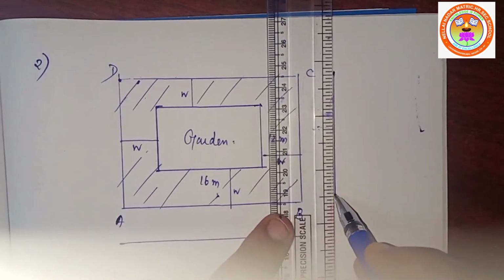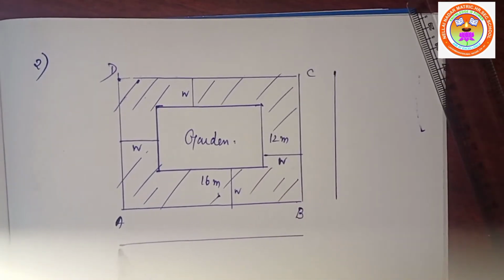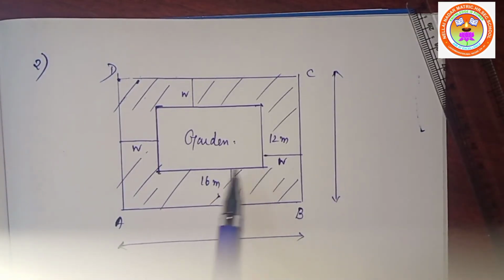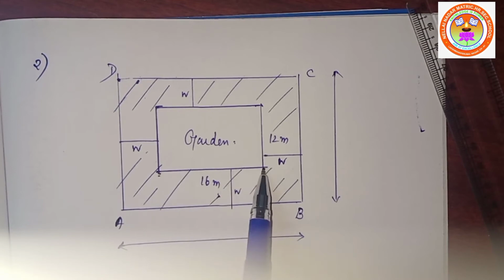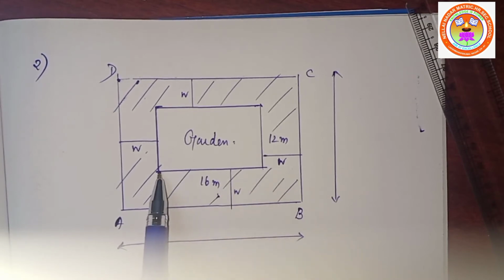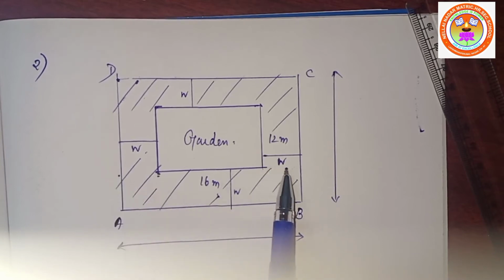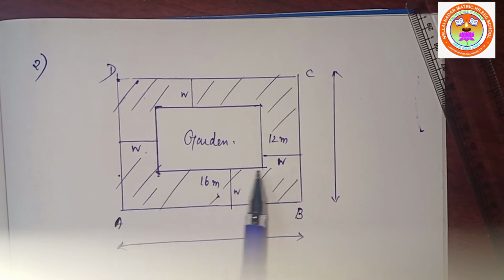So listen carefully. From here to here we have 16 meters, correct? Since 16, from here to here W, 16 plus W, here also one W, so totally from here to here 16 plus 2W.